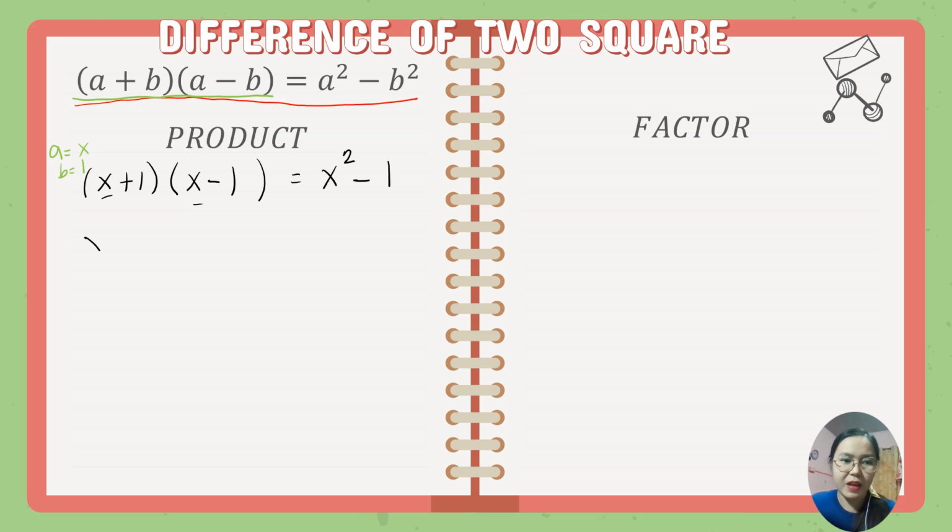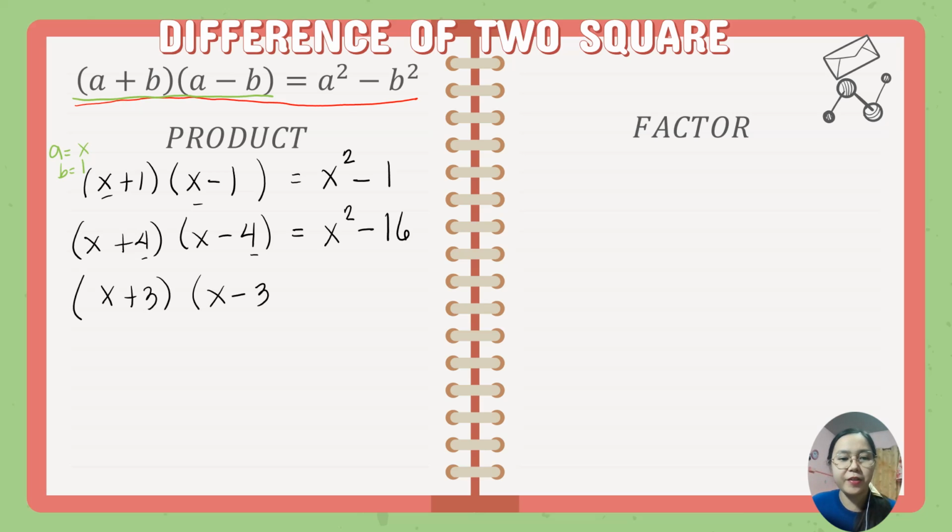Next, (x plus 4)(x minus 4). So the answer is x squared minus 4 multiplied by 4. Another, what if we have (x plus 3) multiplied by (x minus 3)? So x multiplied by x is x squared minus 3 multiplied by 3.